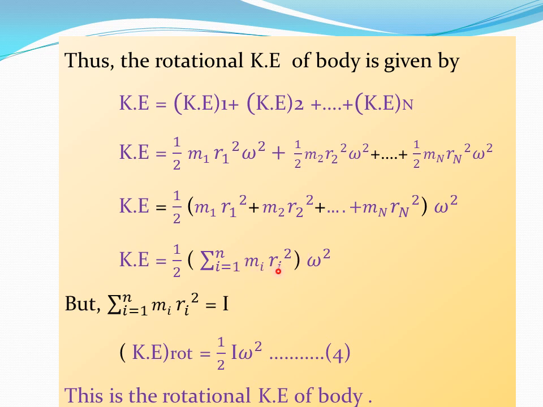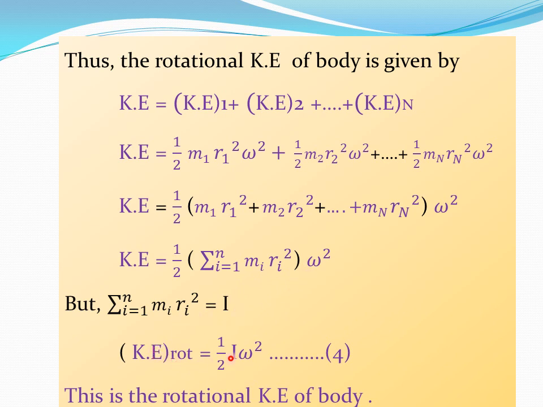The value of i starts from 1 because we see here m1 r1, and the last value is n. Bracket close, into omega square. But summation of m_i r_i square, i from 1 to n, equals I. This is the formula of I. I means moment of inertia. So this bracket will be replaced as I.